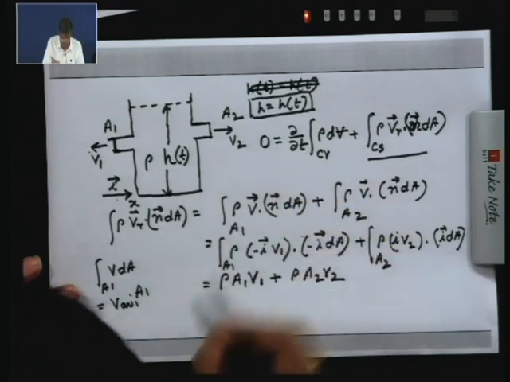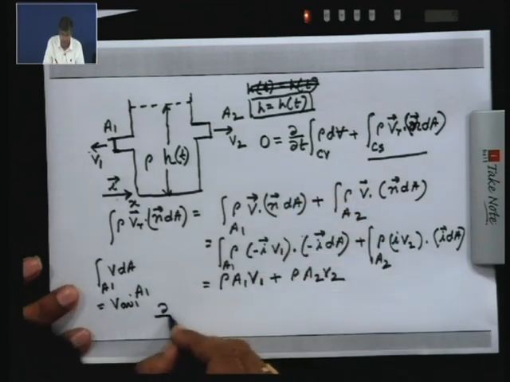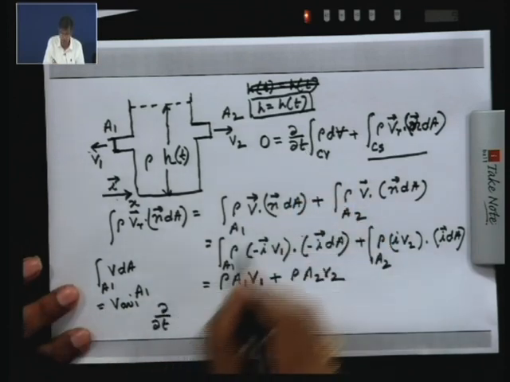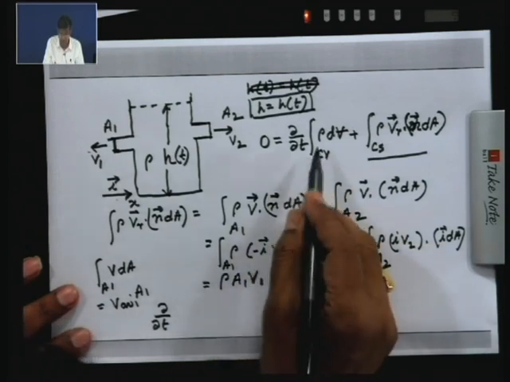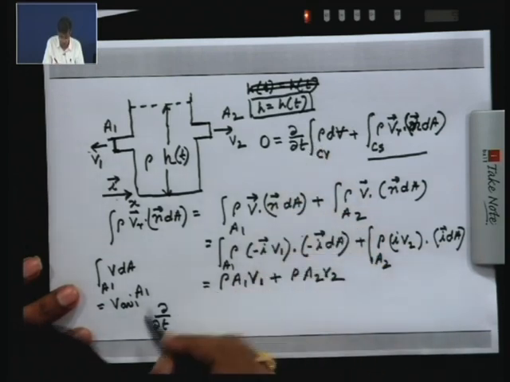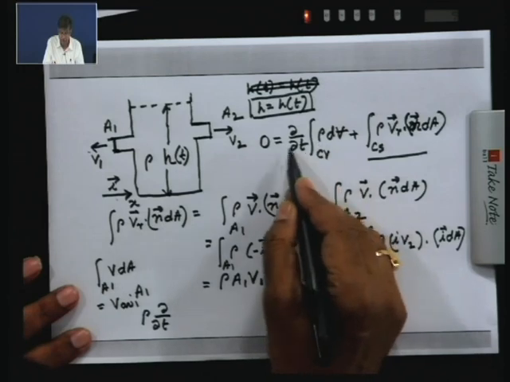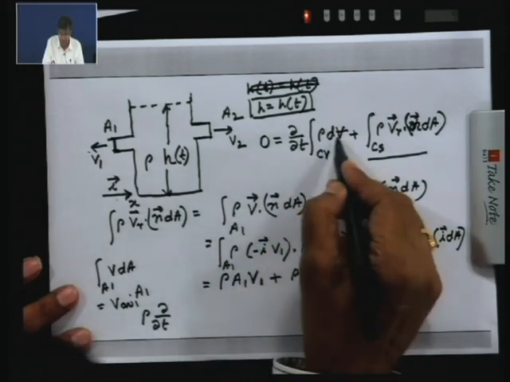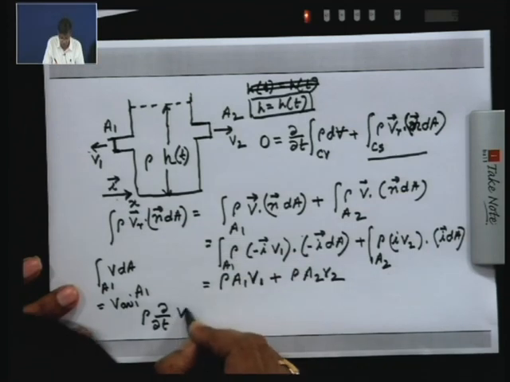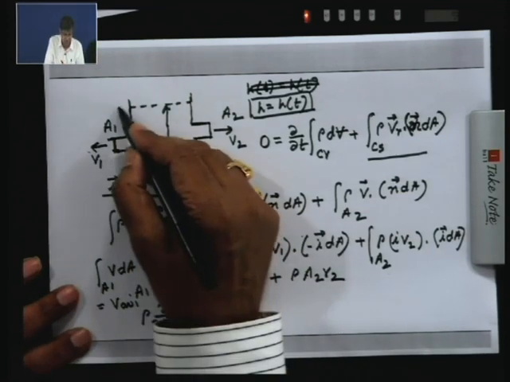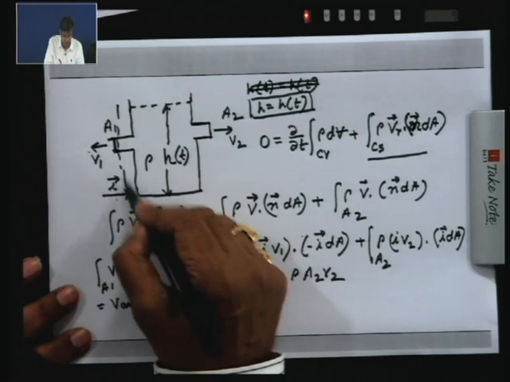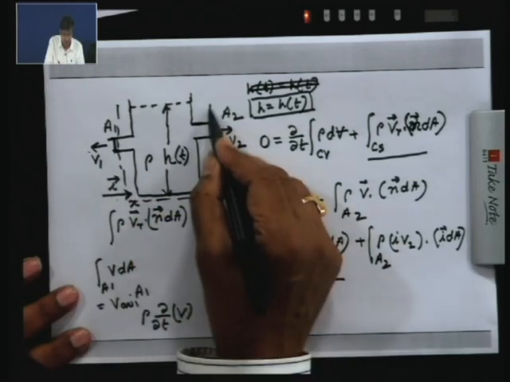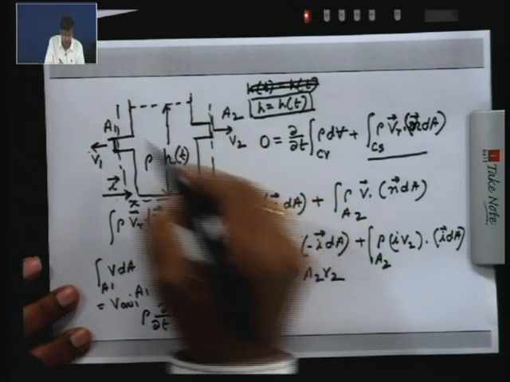Now, what is the first term, del del t of the integral of rho dV? Rho is constant for an incompressible fluid, so we take rho totally out of integration and differentiation. The integral of dV is the volume of the control volume. I am sorry, I did not define the control volume first; this is the control volume.